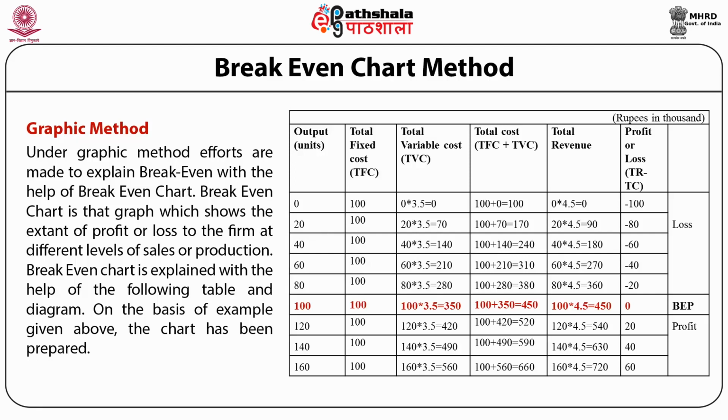The company is earning 0 profit. Beyond this point, if the company is producing 120 units, the company is earning 20,000 profit. If it is producing 140 units, the company is earning 40,000 profit. So these figures have been depicted on the graph attached.